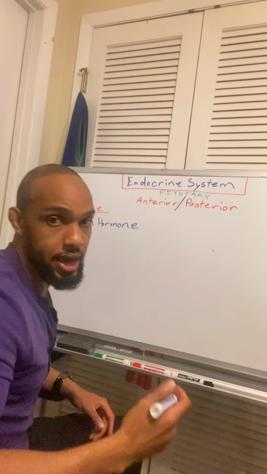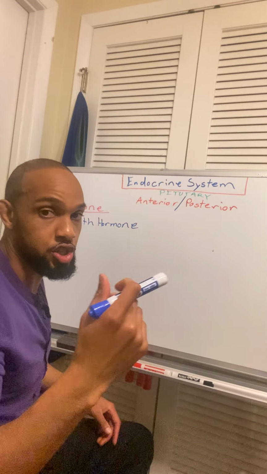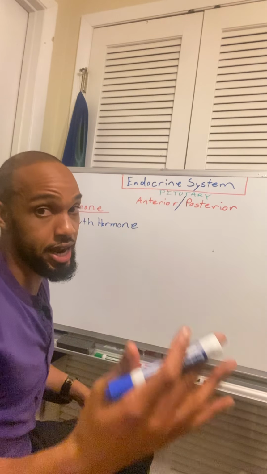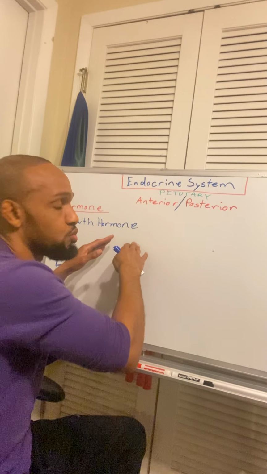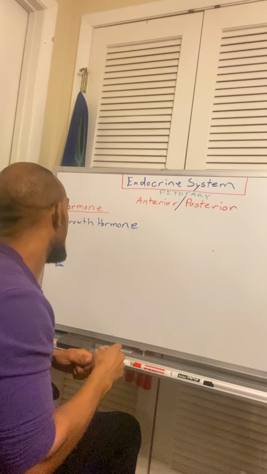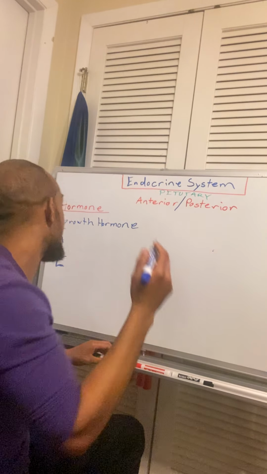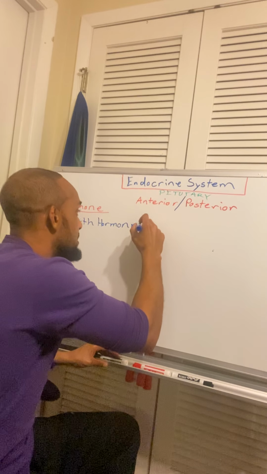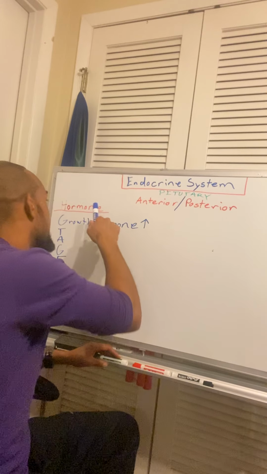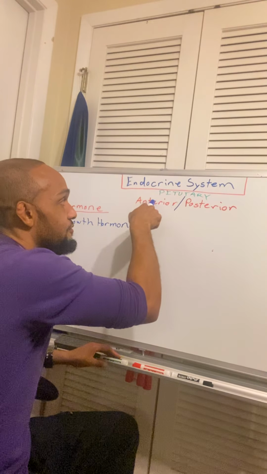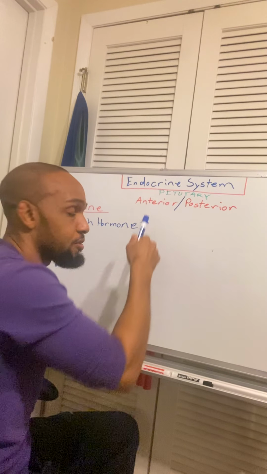Let's break that word down. Gluco meaning sugar, neo meaning new, genesis meaning beginning or creation. So it helps with sugar production. And whenever you exercise, growth hormone goes up. Again, this is produced in the anterior pituitary. G-Tage is involved with the anterior pituitary.